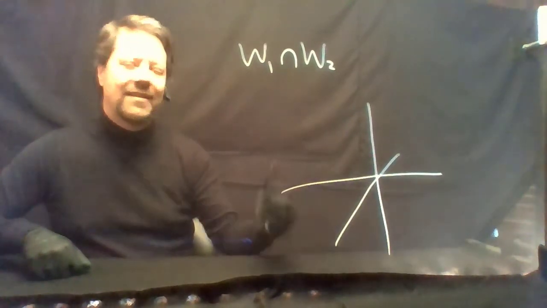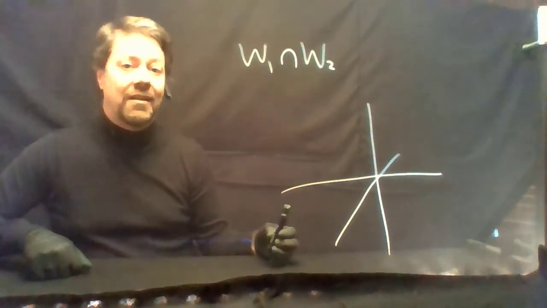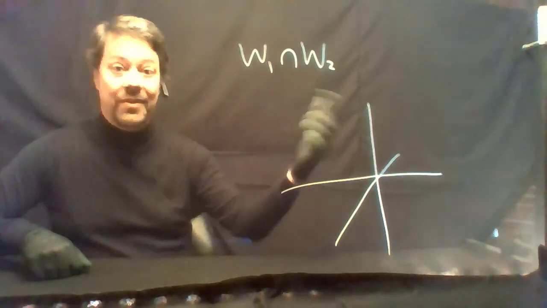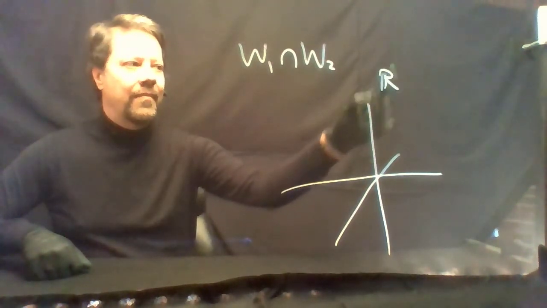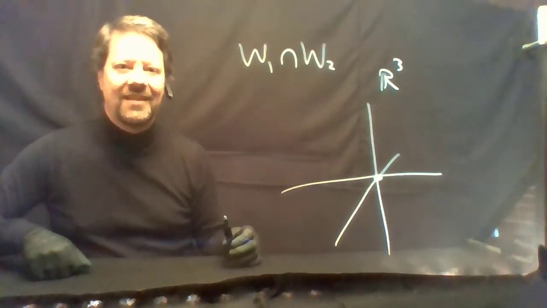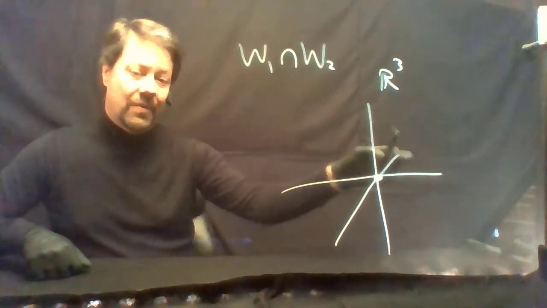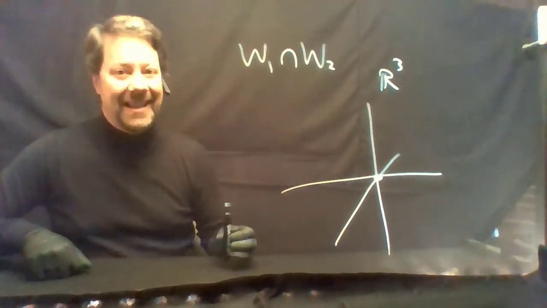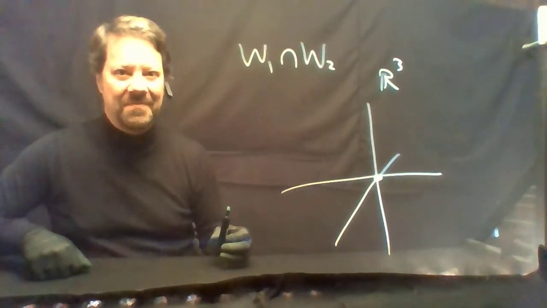What about in R3? The subspaces in R3 are either the entire space R3, the origin by itself, lines passing through the origin, or planes passing through the origin.